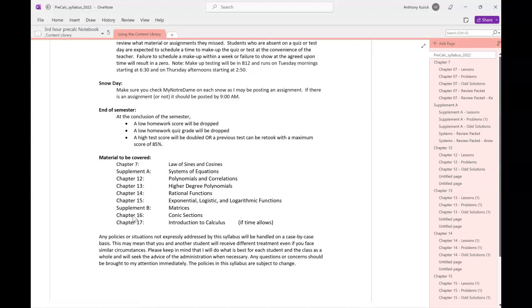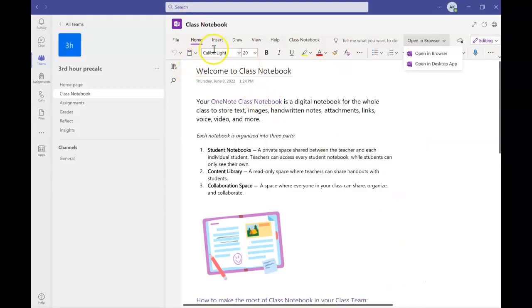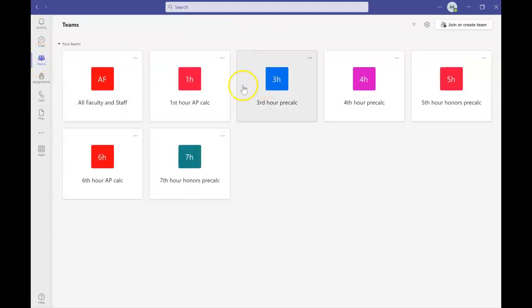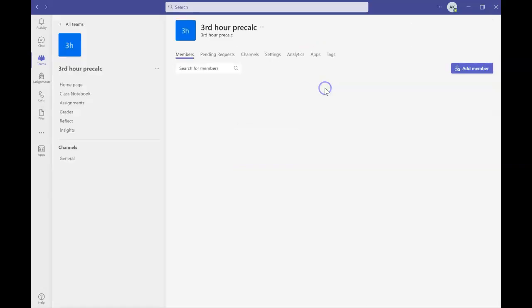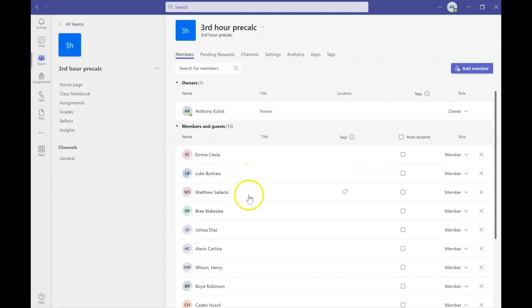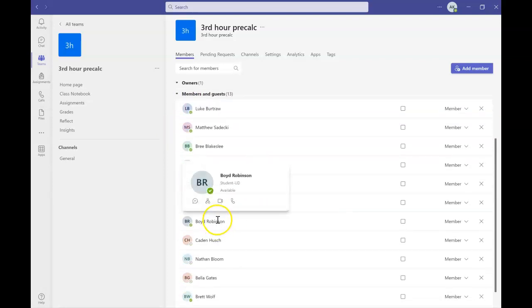Boyd: It's just a blank page when I click in class, so I can't find it. So this just doesn't fill in for you? And you're in third hour for pre-calc? Let's look real quick here. Okay, you're there.